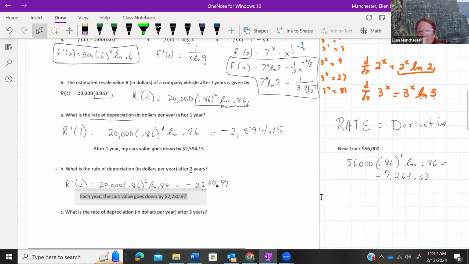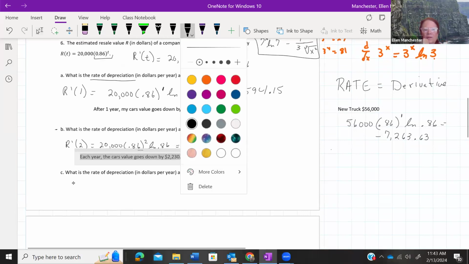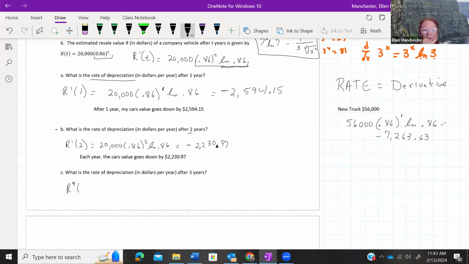Okay. So now let's try it after 3 years. So the rate of depreciation after 3 years, so 0.86 raised to the third power times ln of 0.86.